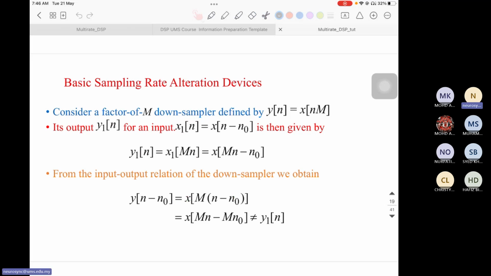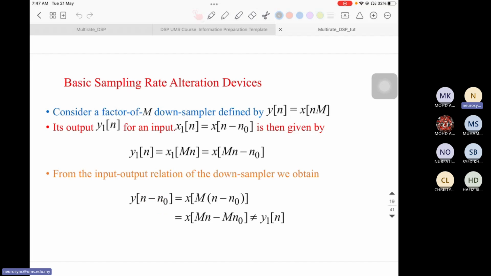The input-output relation of the downsampler: if there is a delay of n naught in the input, I expect the same delay in the output, so I can write y of n minus n naught.